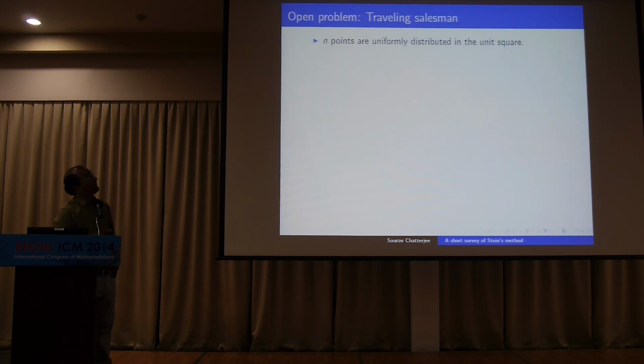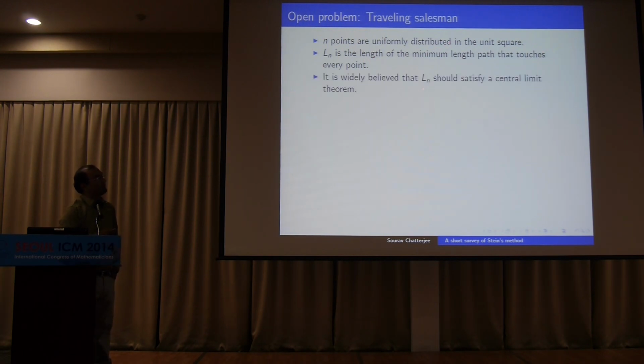Okay, so for instance, here's an open problem, the traveling salesman. The points are uniformly distributed on the unit square. Ln is the length of the minimum length path that touches every point. And it's widely believed, I don't know why, but Ln should satisfy a central limit theorem.